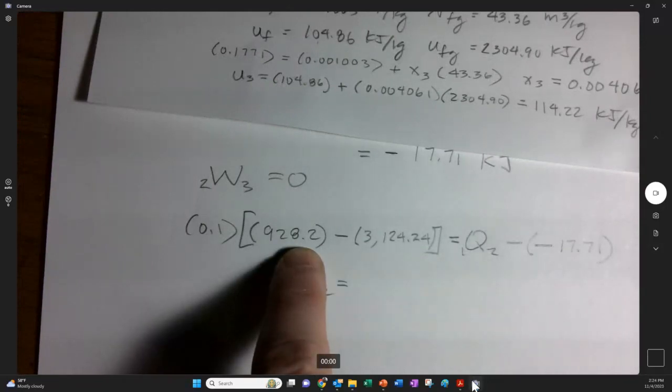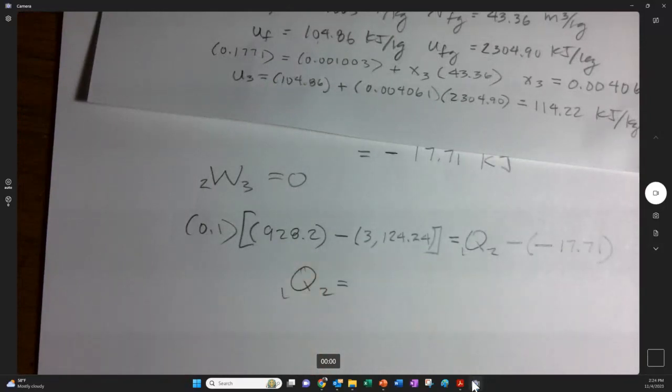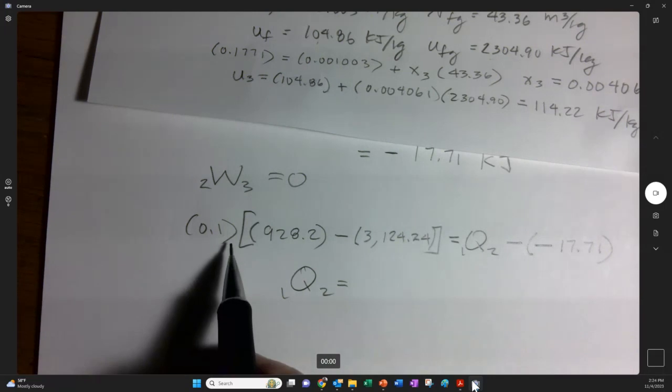So my Q1 to 2: 0.1 times (928.2 minus 3124). On this side, we're going to get a negative 219.6.